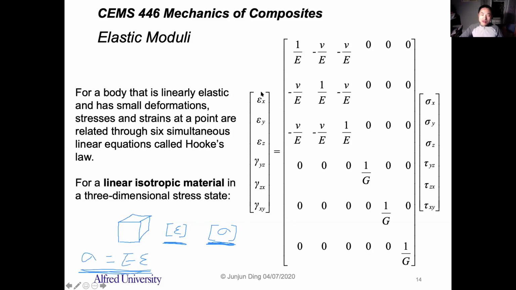So apparently this is a column vector, right? It's 1 by 6. No, 6 by 1, sorry. Six rows. Let me see.